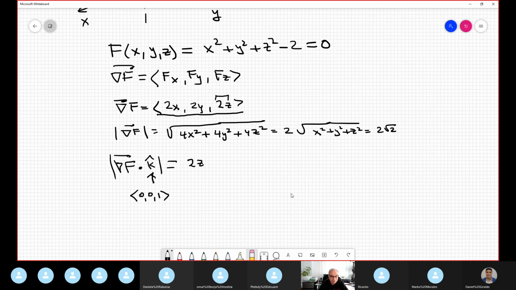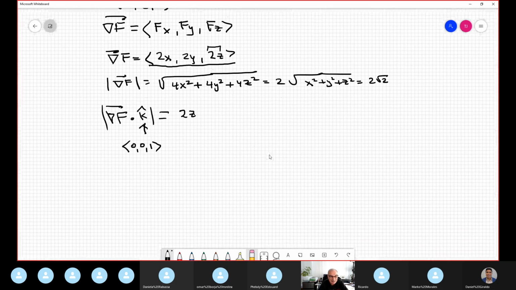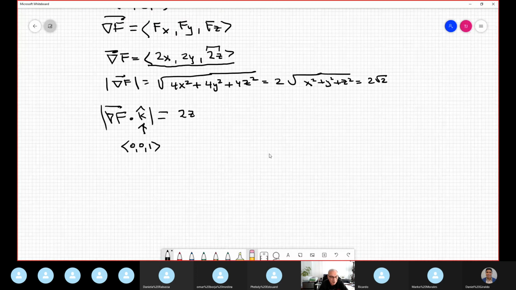And finally, you divide. You divide the magnitude of the gradient by the magnitude of this dot product. Actually, this is 2 radical 2, and this is 2z. Then this 2 is cancelled.